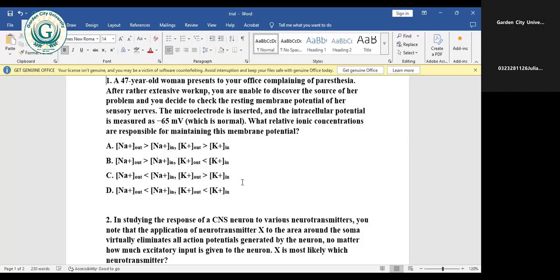A 47-year-old woman presents to the office complaining of paresthesia. After rather intensive workup, you are unable to discover the source of her problem and you decide to check the resting membrane potential of her sensory nerves.